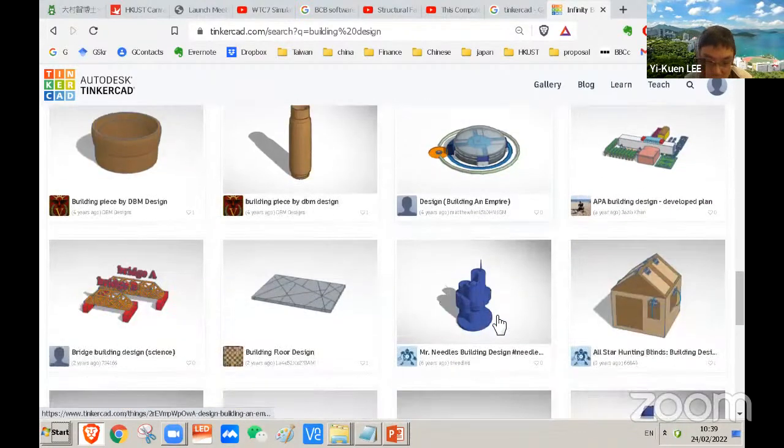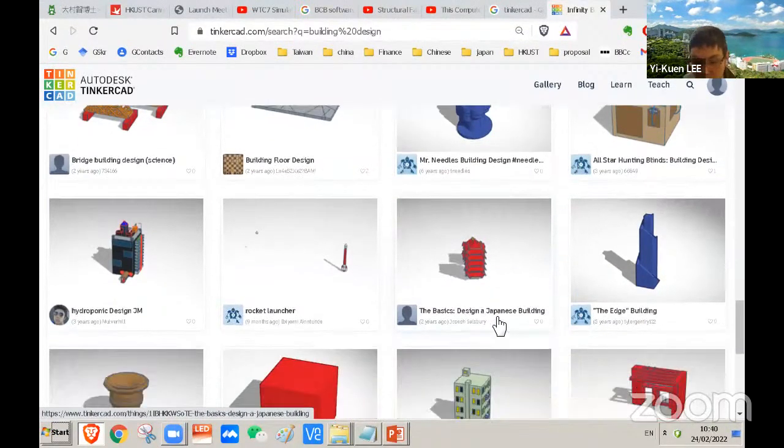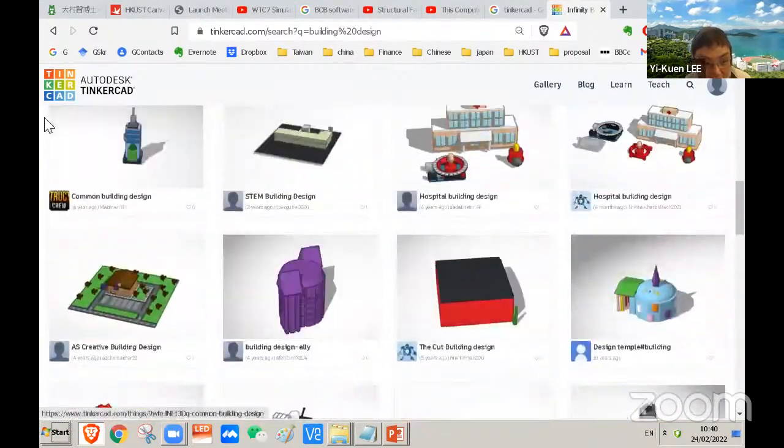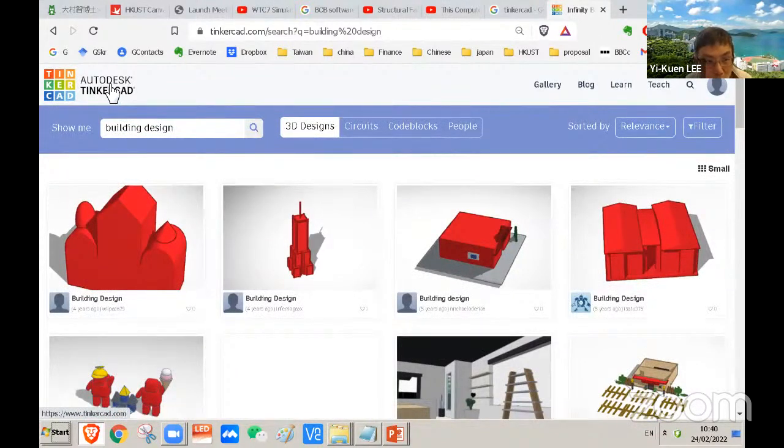If it's a good design, maybe someone will like your design. So this is actually an idea. This Tinkercad was originally, I think, a small startup company, and was eventually acquired by Autodesk. Autodesk is one of the very big CAD software companies, for building design and mechanical design.